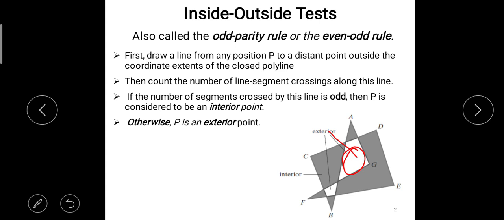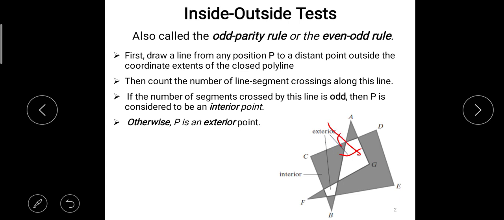Then you need to count the number of line segments crossing along this line. If you look at this particular line here, we have two crossing edges, one over here and one over this one.